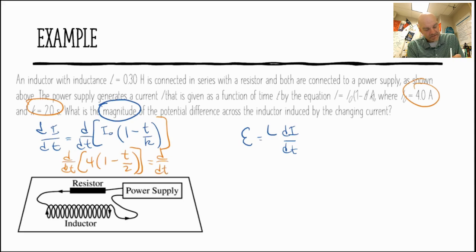If this is your first adventure into calculus, I would rewrite as much as possible. So our current equation is 4 minus 2t.